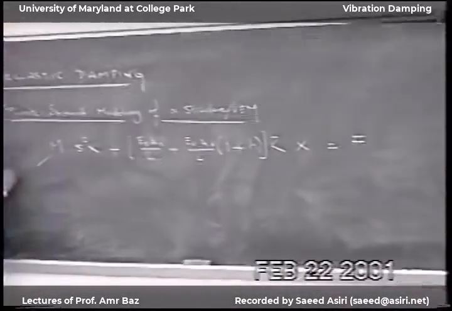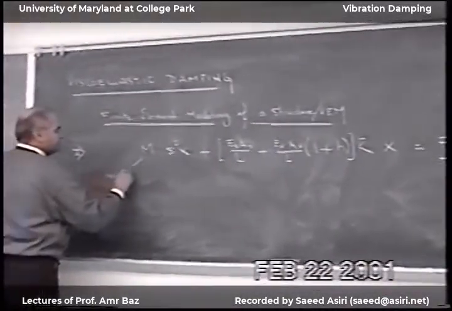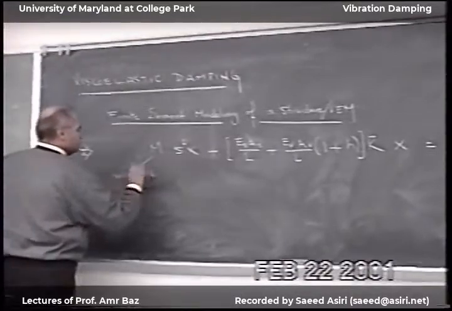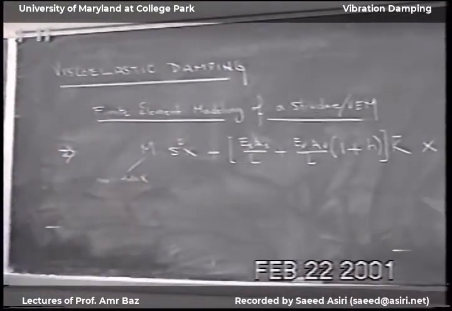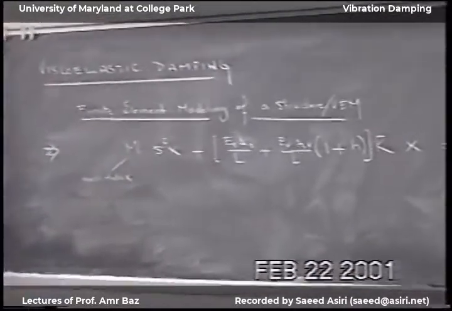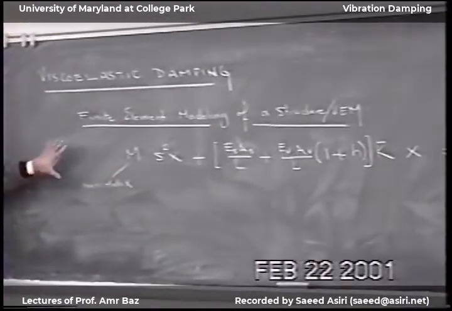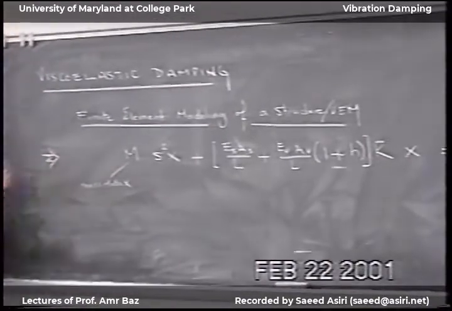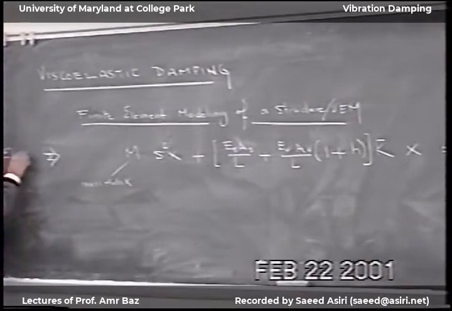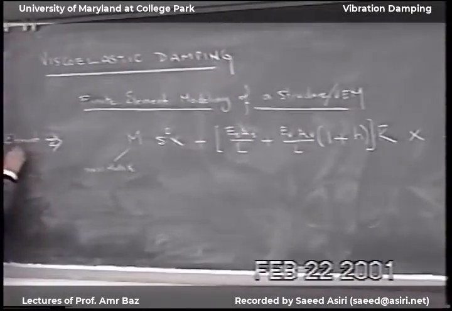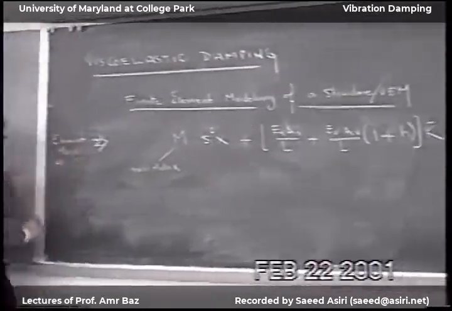Here, this is the mass matrix of the structure. And it's very important now, and I'll say I'm talking about an element. Okay?